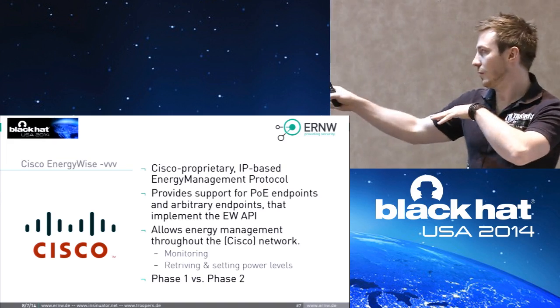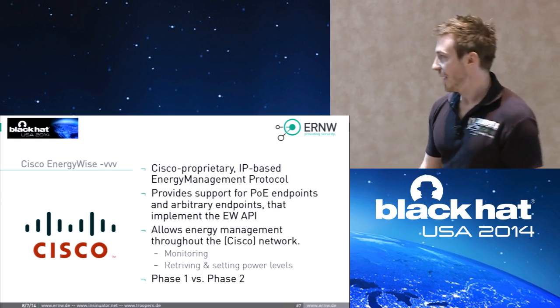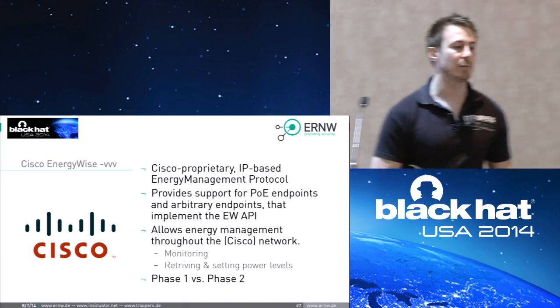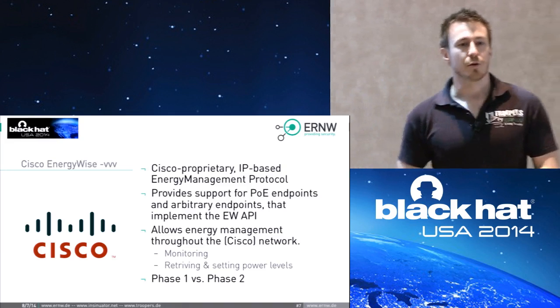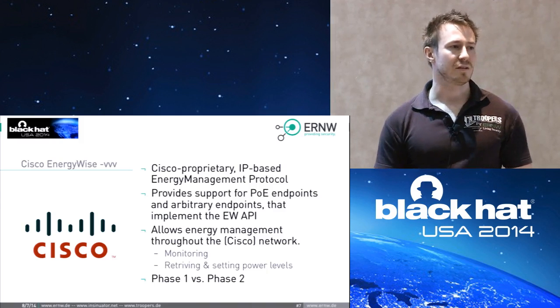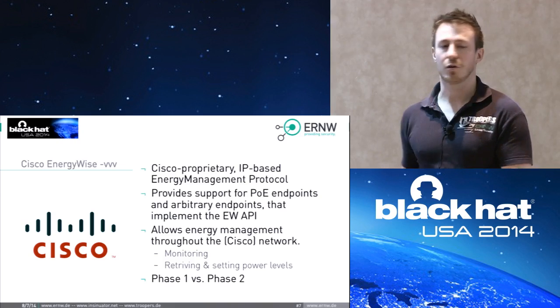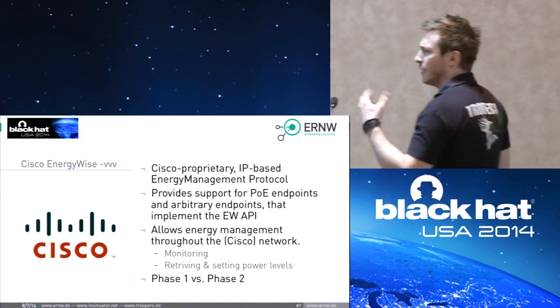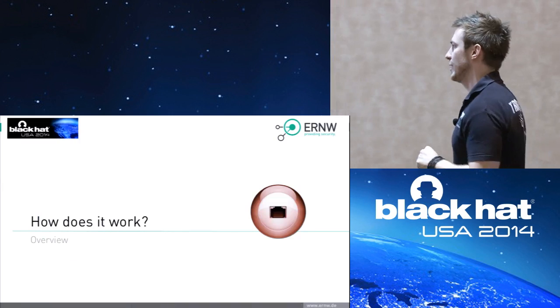We will have a closer look at that in a second. EnergyWise was also implemented in different phases, phase 1 and phase 2. Currently we are still in phase 2. There are different versions of EnergyWise, and most of the devices out there are in phase 2 and compatible with each other. So this was the very, very high level introduction to Cisco EnergyWise.